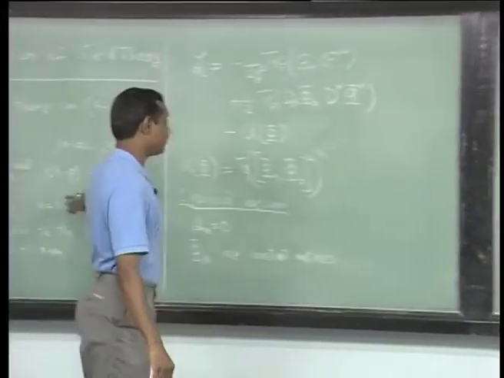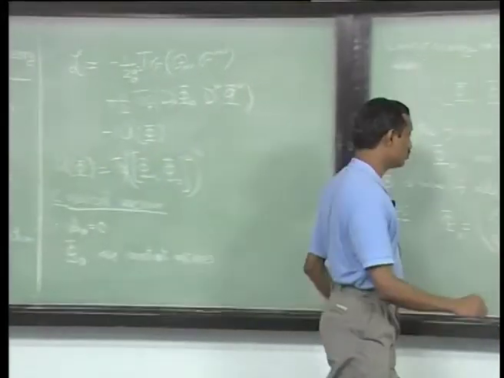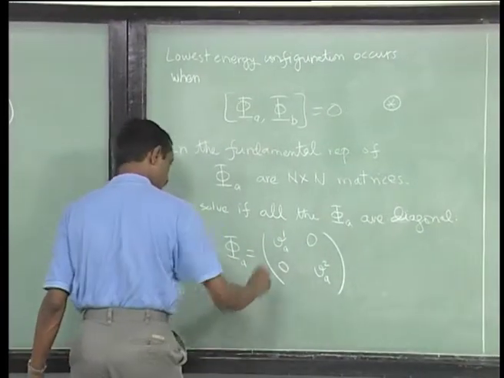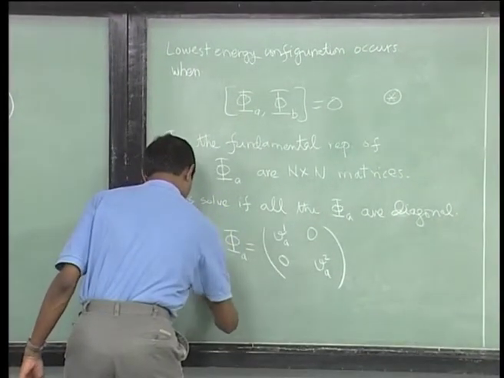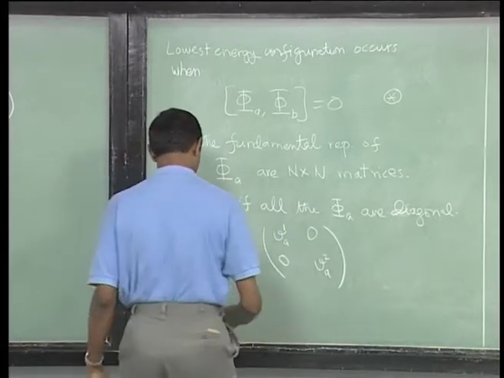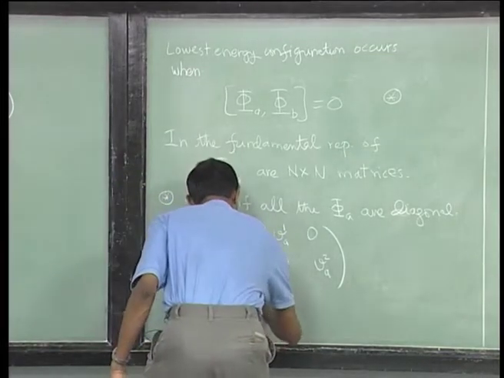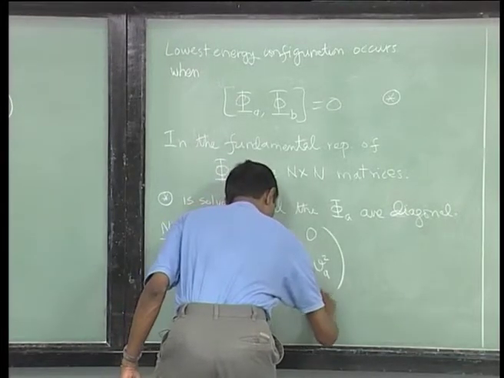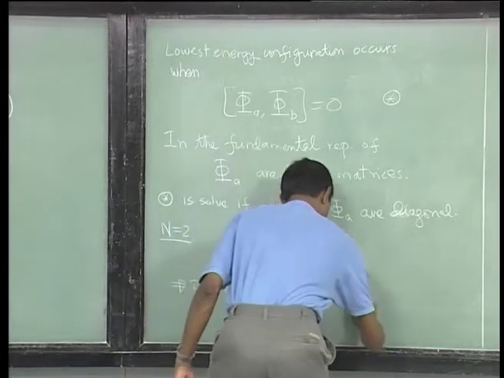A runs over 9 minus p, so this implies that we have 2 into (9 minus p) parameters that describe the vacuum.